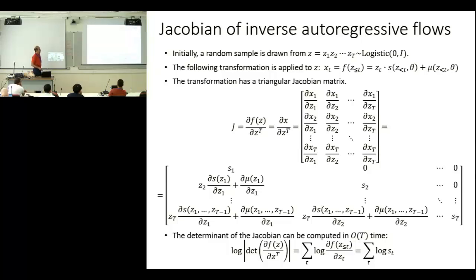And for this kind of matrix, the determinant is just the multiplication of the values of the diagonal. So it is very efficiently computed. You just calculate S1, the scale which was predicted, as I showed you before.